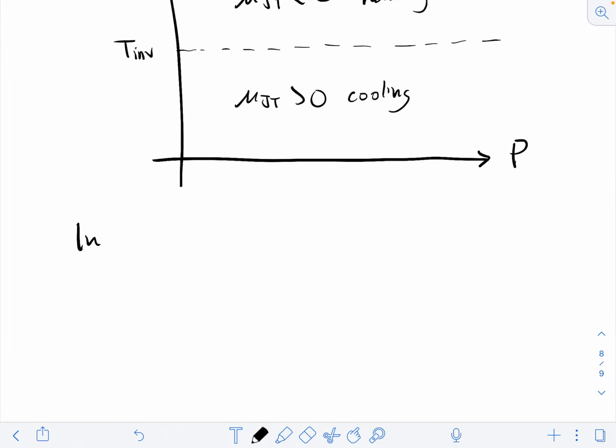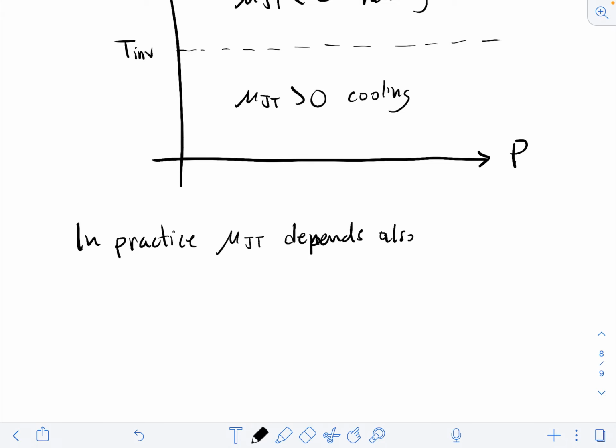So in practice, if you were to actually do an experiment and measure the Joule-Thomson coefficient, you would find that it also depends on pressure.